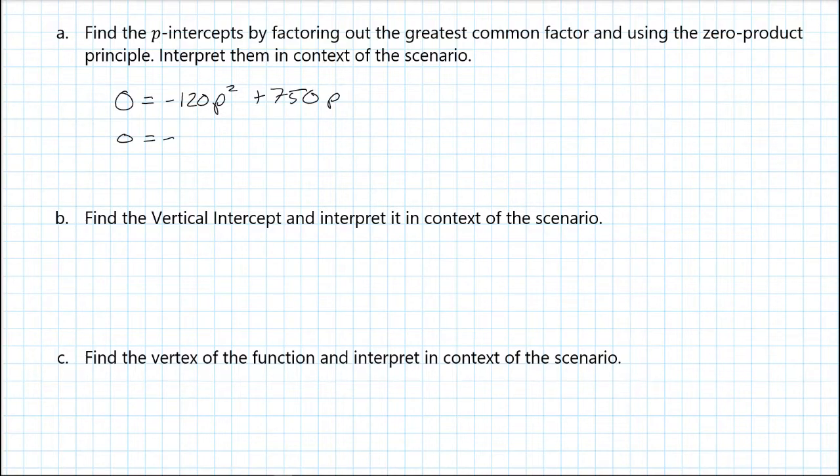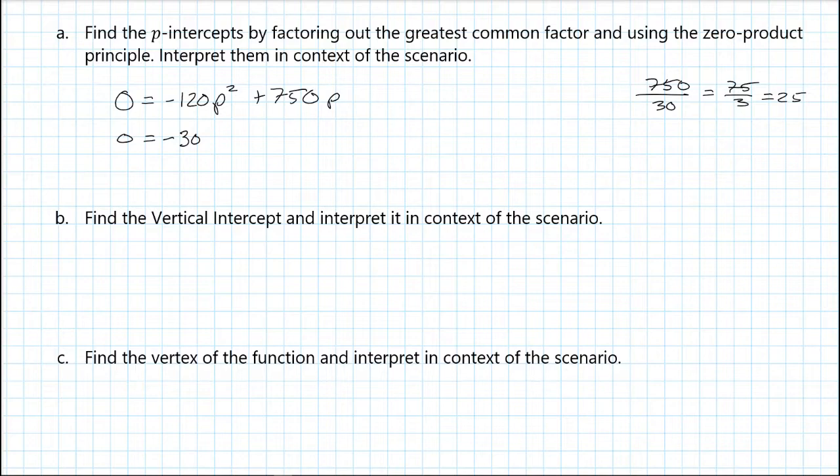And it looks like 3 goes into both of them also. So 30 goes into 120 4 times, and 30 goes into 750. Let's think about that. 750 divided by 30 would equal 75 over 3 equals 25. So it goes in nicely there as well.